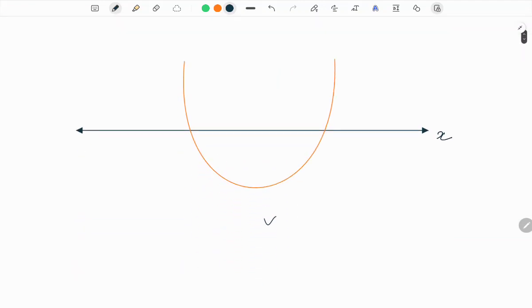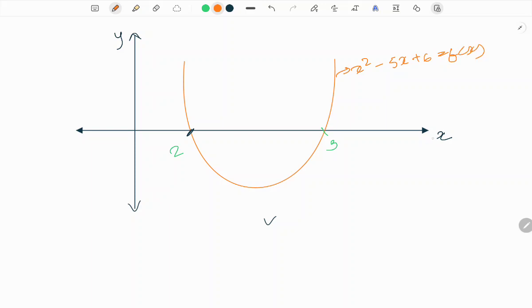So this is our line, and this is the y-axis again, and these are the roots, 2 and 3, for our equation x square minus 5x plus 6 equal to f of x.